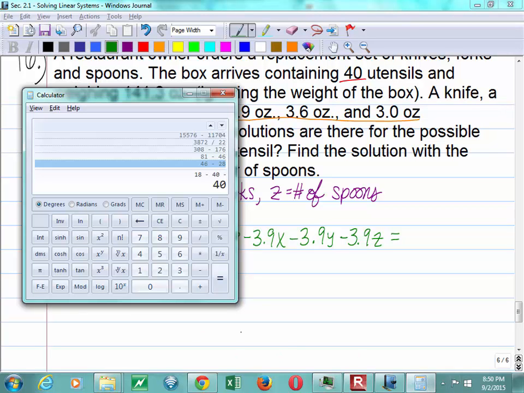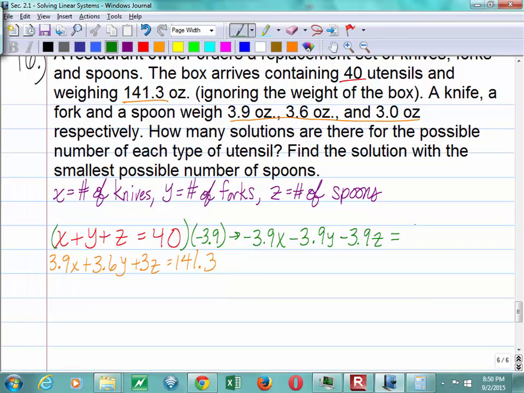I don't know how to do negatives on this silly little calculator, so I'm just going to do 40 times 3.9. That's 156, so I know it's negative 156. Okay, and then I'll bring this over. That's 3.9x plus 3.6y plus 3z equals 141.3.